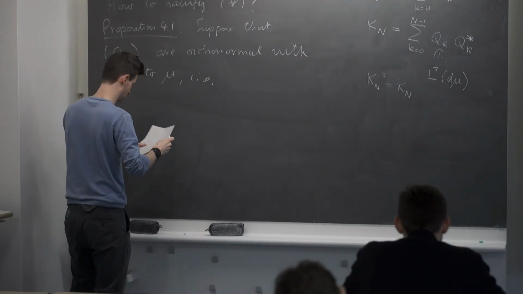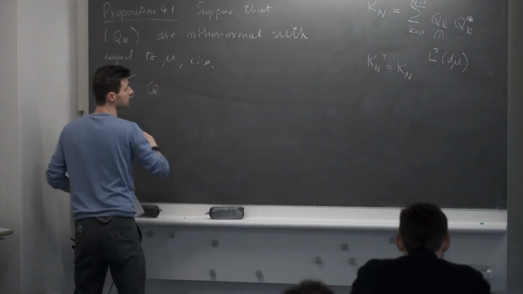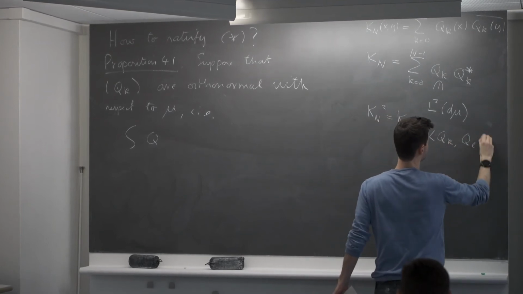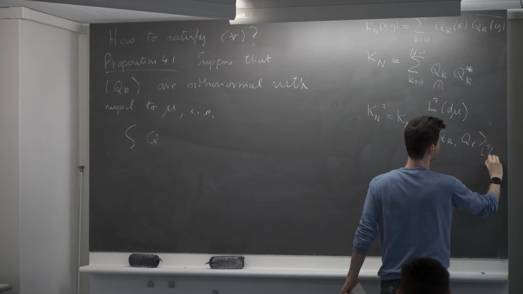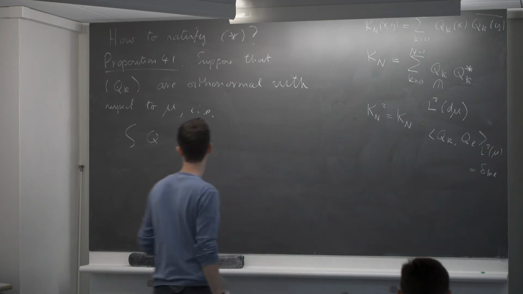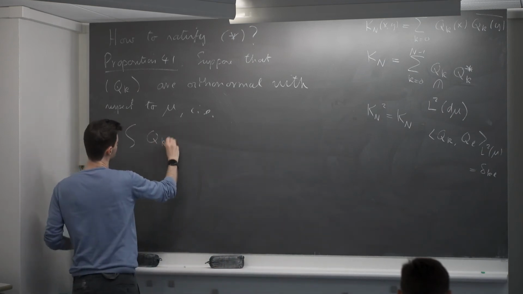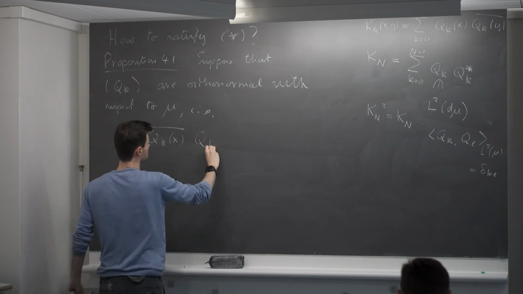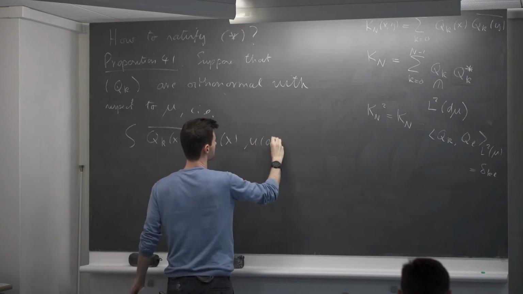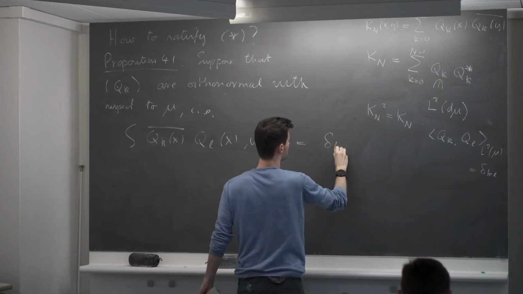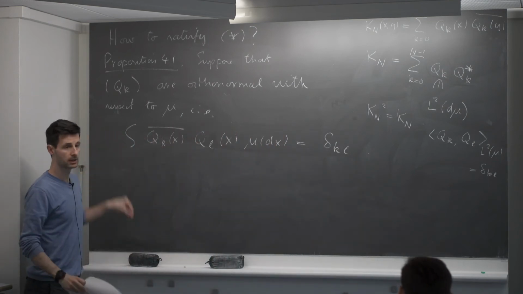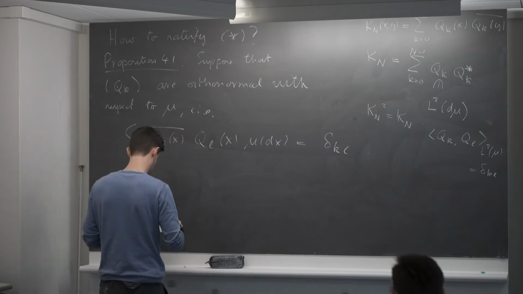It means they satisfy the condition that the inner product of qk and ql is delta kl. That's the orthonormality, written in the language that's more commonly used in probability. I make this assumption that they are orthonormal in this L2 inner product space.